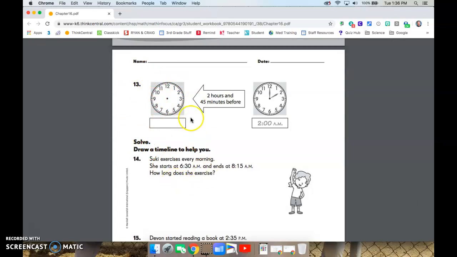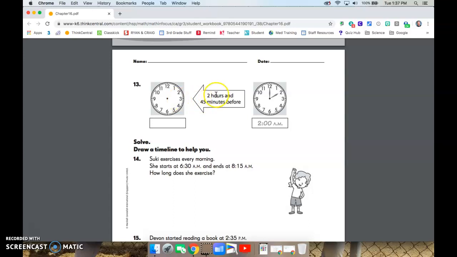So 45 minutes. There's 5, 10, 15, 20, 25, 30, 35, 40, 45 minutes. Now it was 12, but when we turn the minute hand back to get to 45 minutes before, that moved us from 12 to 11. So it's now going to be 11:15 p.m.